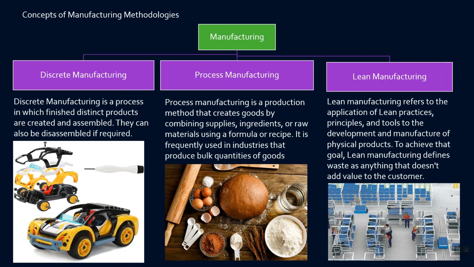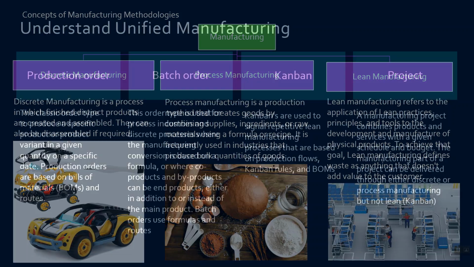There is no compulsion that only one manufacturing methodology must be used. Depending on the product, you may need to use all three methodologies. Okay, thank you. Let's go to our next slide.